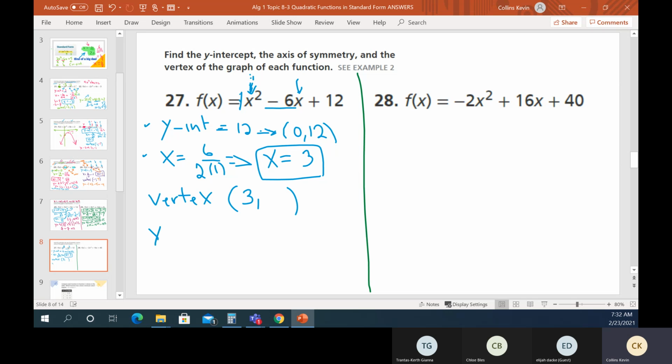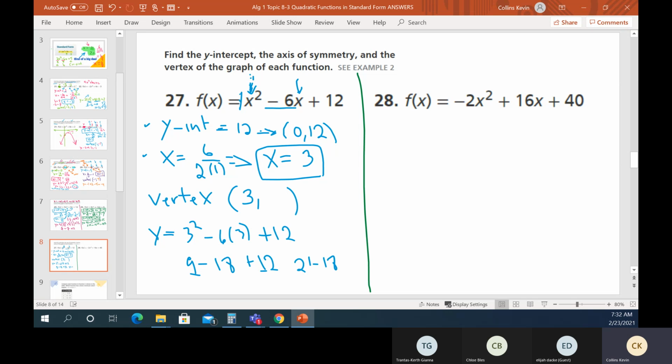So for the second number we've got y equals 3 squared minus 6 times 3 plus 12. Cool. All right, so 3 squared, that's going to be 9. Minus 6 times 3 is minus 18. And then we've got 12. Okay, so 9 and 12 is 21.